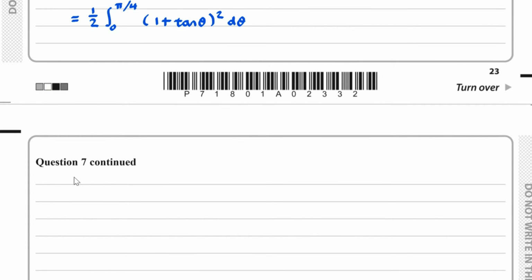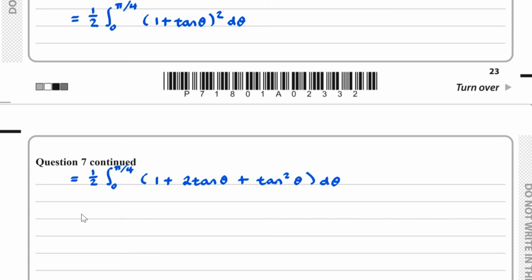So we've got 1/2 times the integral between 0 and pi over 4 of 1 plus 2 tan theta plus tan squared theta d theta.